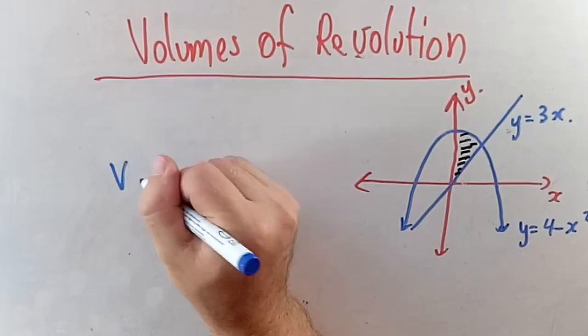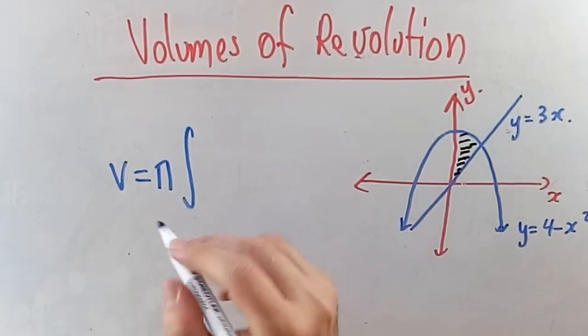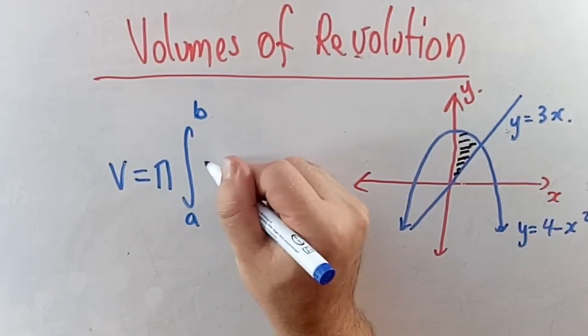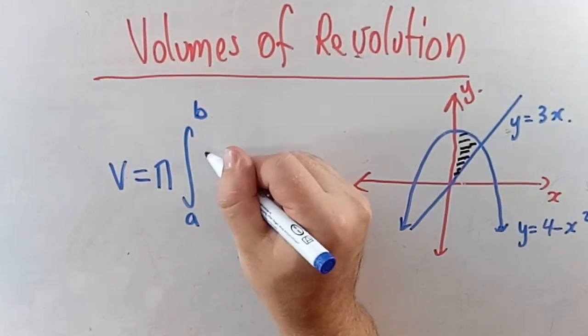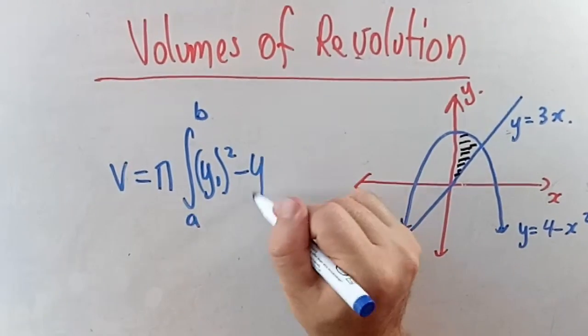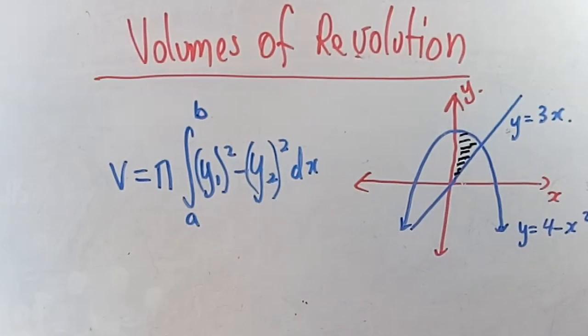So that volume is going to be pi between some limits a and b of the top curve squared, so we'll call that y1 squared, minus y2, all squared dx. So that's the top curve squared, so this one, y equals 4 minus x squared.